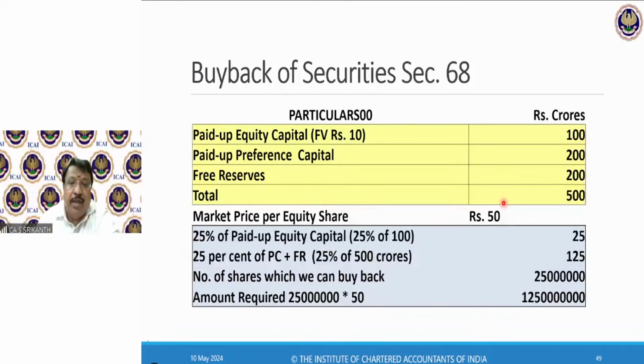Now I don't have that type of money. I can buy back only up to 25% of PC plus FR, which is 125, which means what should I do now? Now I have to do a different way of calculation.